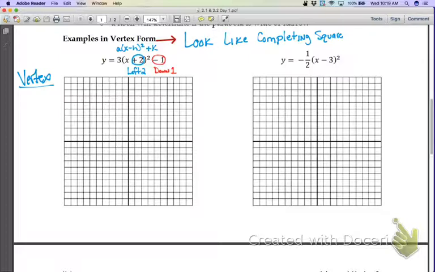So I'm going to leave from the origin, go left 2, down 1, and put my point right there. Okay? My vertex is how I moved left 2 and down 1. What is the actual point that I put on the graph? Negative 2, negative 1, right?